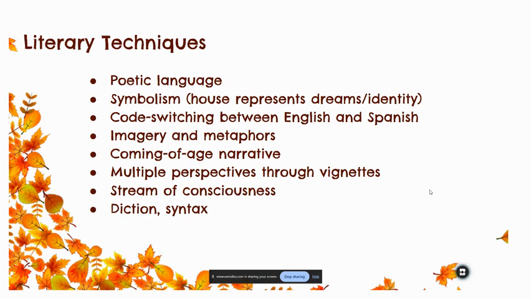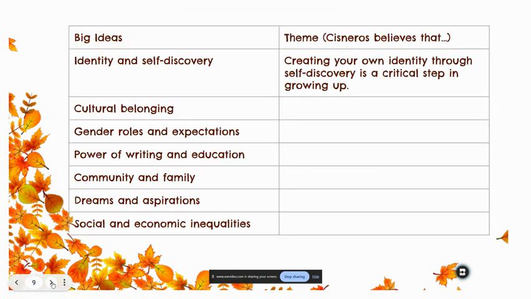Stream of consciousness means that sometimes she just talks on about something and it doesn't really seem to string together very well, like word vomit on the page. But it goes somewhere. There's a reason. And then there's her diction, which is her word choice, and her syntax, which is word order. Those are some of the ways she tells the story she wants to tell.